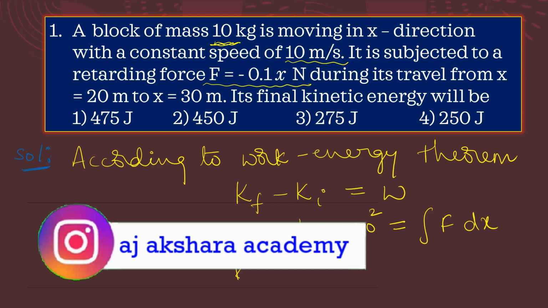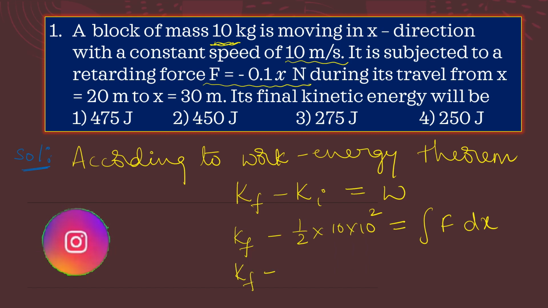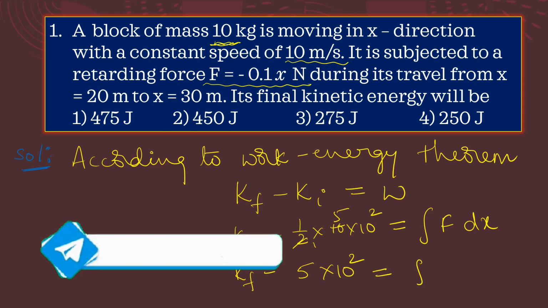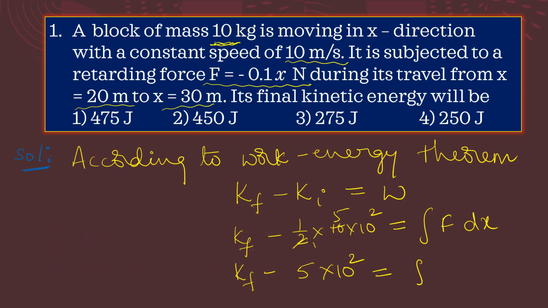So Kf minus, here 2 fives, 5 into 10 square. Kf minus 5 into 10 square is equal to, now we are substituting the value of force. Here they given the limits x equals 20 meters to x equals 30 meters. So integration of limits from 20 to 30, F nothing but minus 0.1 x into dx.